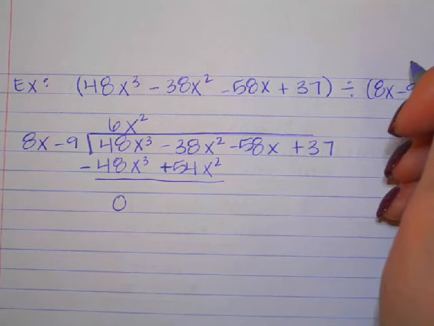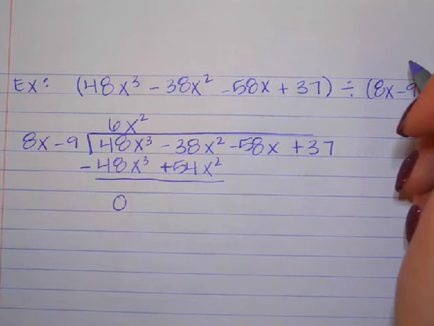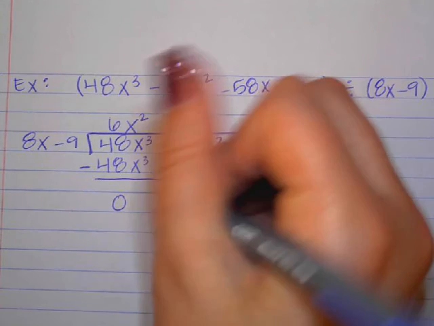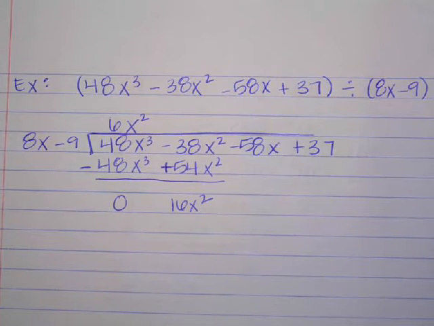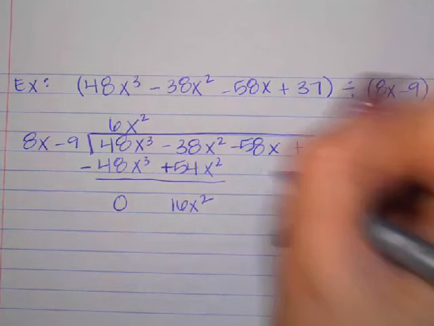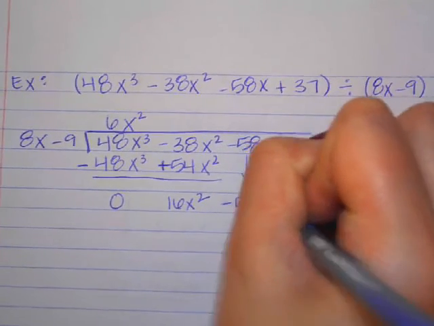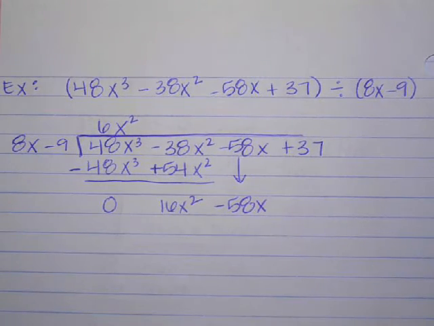Whew, this is rough. It's not 12. It's 16. I think somebody said 22. Woo. All right. Drop down the negative 58x.